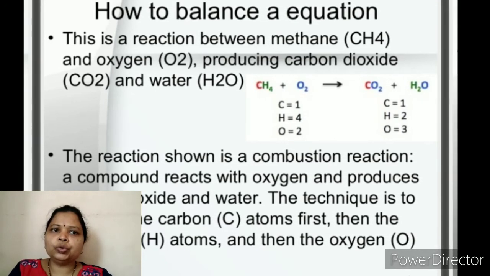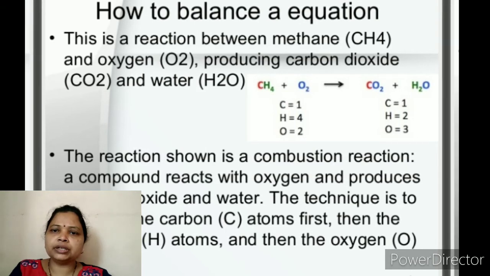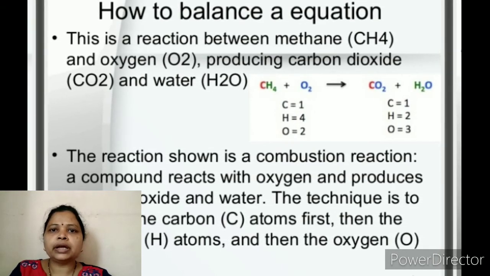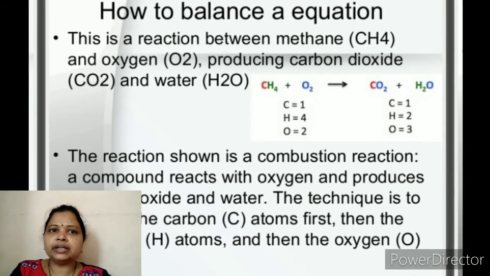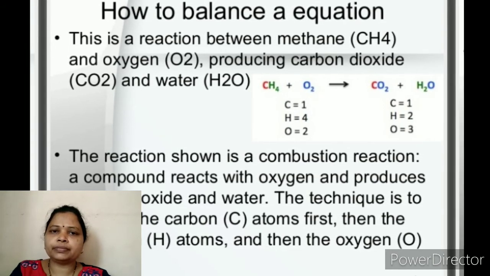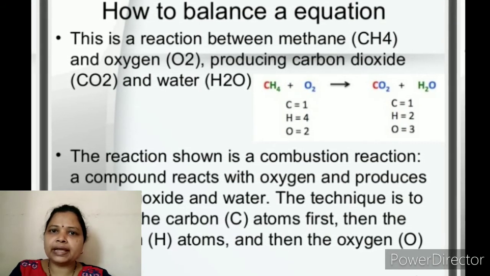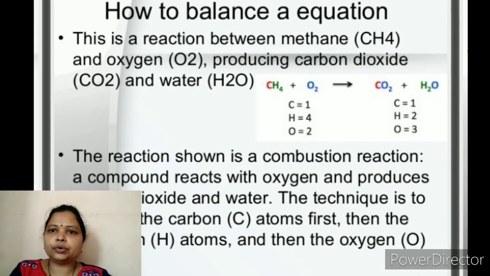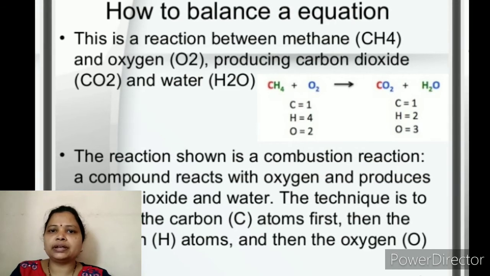The reaction shown is a combustion reaction, and a compound reacts with the oxygen and it produces carbon dioxide and water molecule, that is H2O. The technique is to balance the carbon atom first, then hydrogen atom, and then oxygen atom.